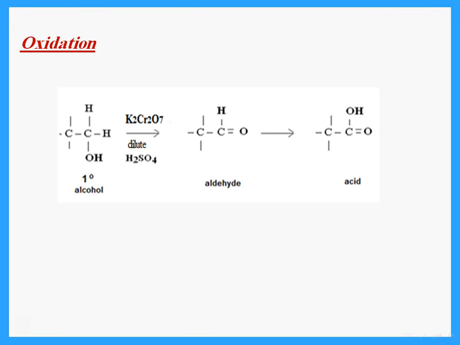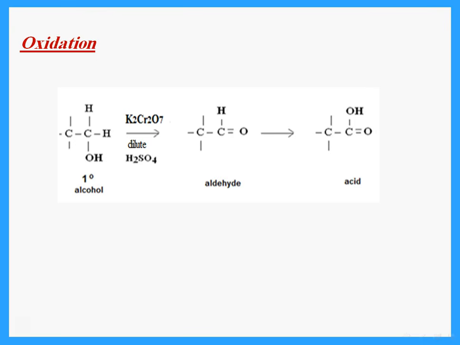Now, if we're trying to oxidize a primary alcohol, remember we said primary alcohol means the OH is on one end of the molecule. Now, the first thing that will be produced is called an aldehyde. Can you see the functional group of the aldehyde? Aldehydes have C double bond O H. That is an aldehyde.